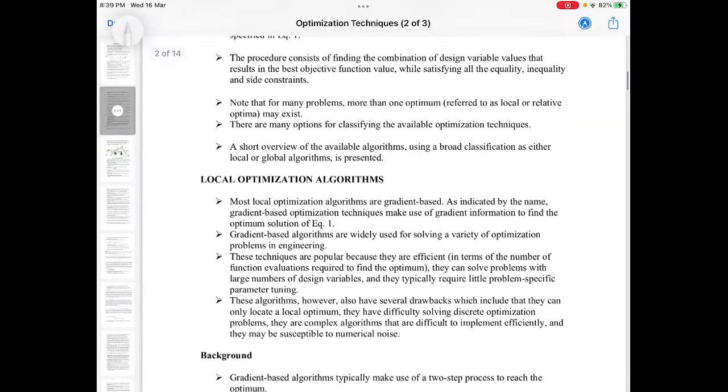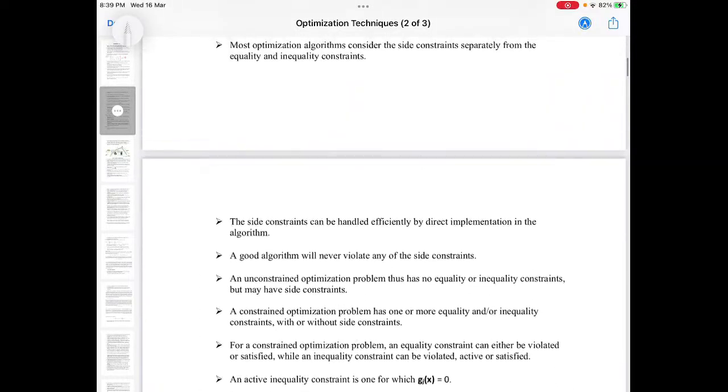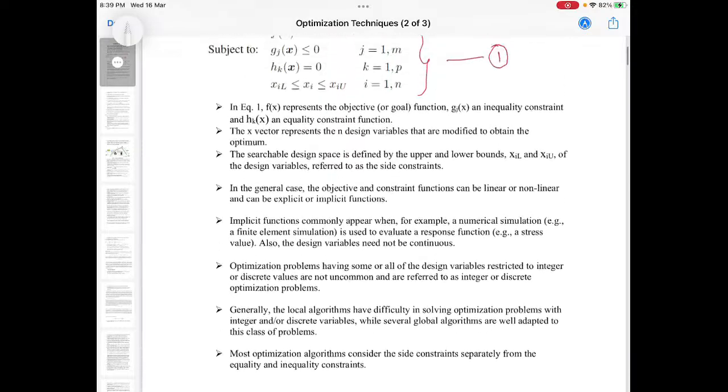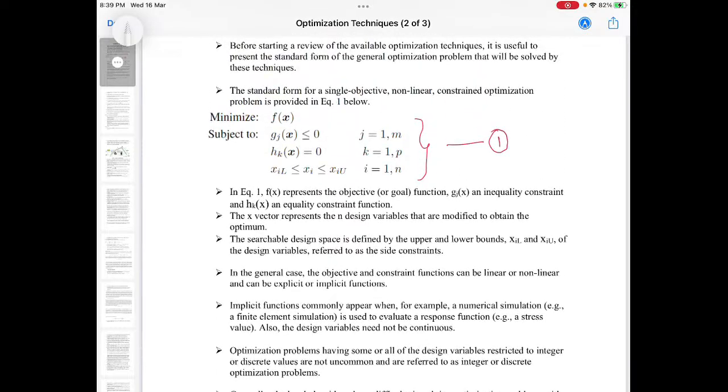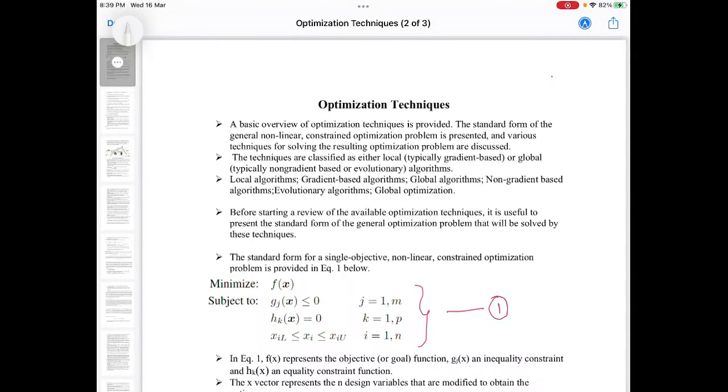We have discussed these things earlier. There are two kinds of optimization algorithms. Initially we discussed global optimization and local optimization. So these are the algorithms available, the local algorithms and the global algorithms.